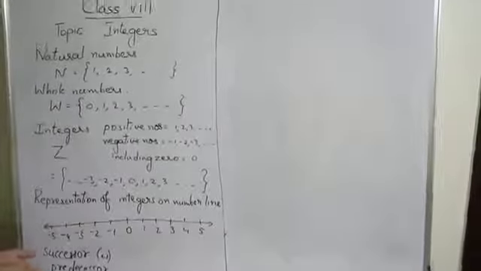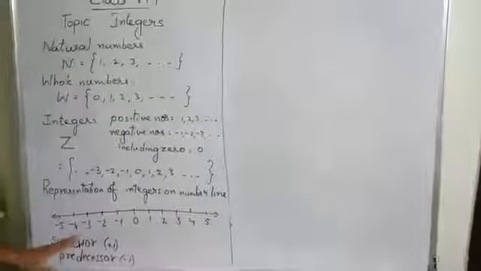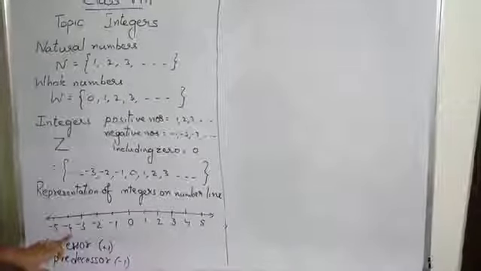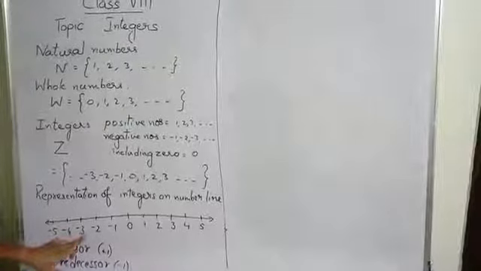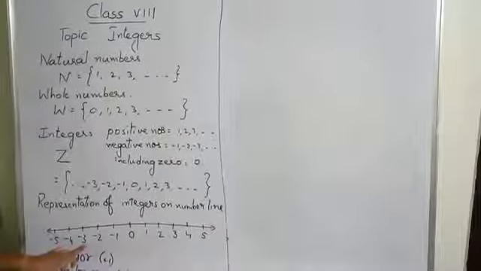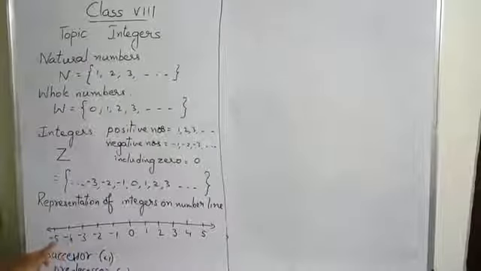What do you mean by predecessor? Predecessor means you are subtracting 1 from the given number. Suppose if you take -4. What is the successor of -4? If you add 1, that means to the right side, it is -3. Successor of -4 is -3 and predecessor of -4 is -5.